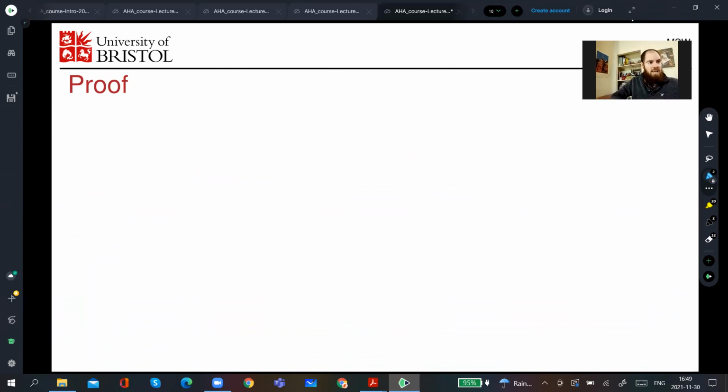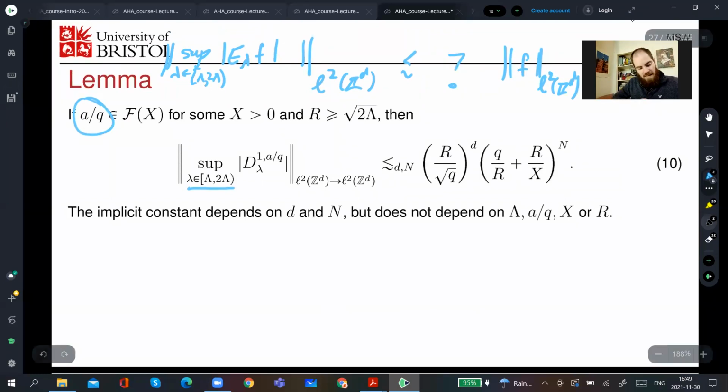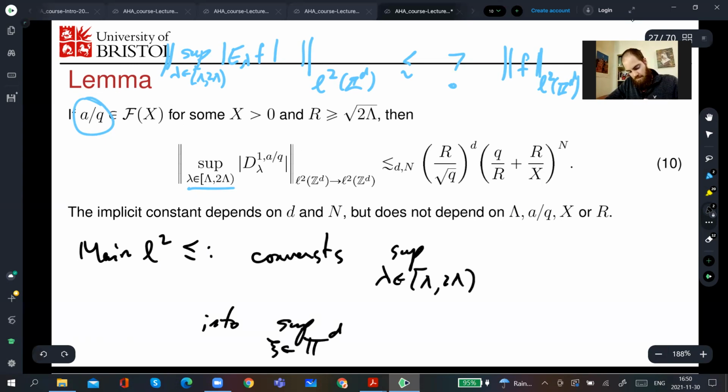Right, so I'm going to use this main L2 inequality, which converts the supremum over lambda between Lambda and twice Lambda into a supremum over c on the torus.